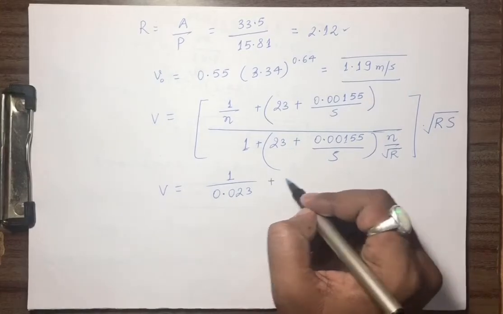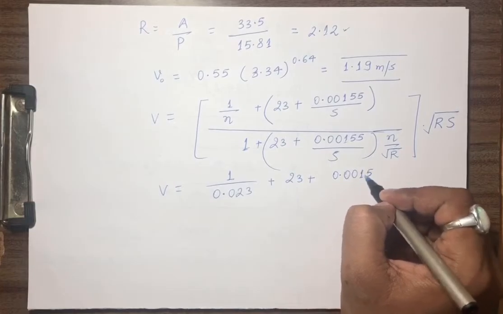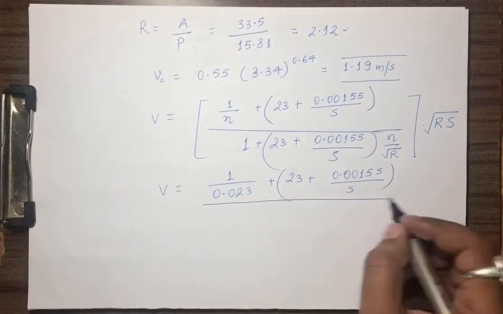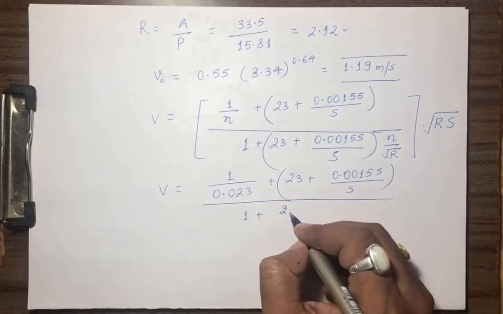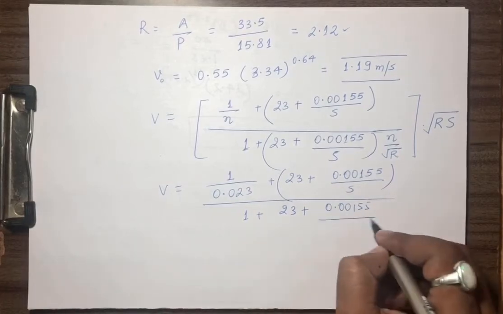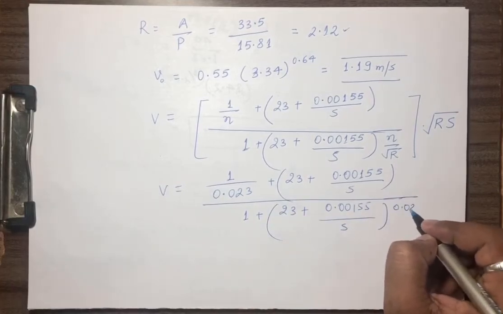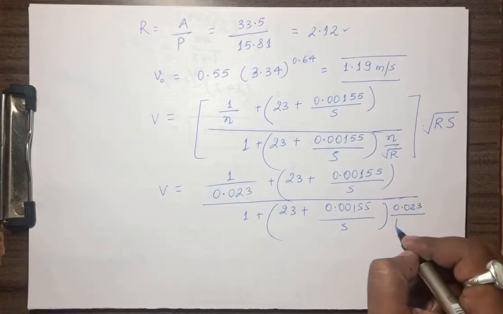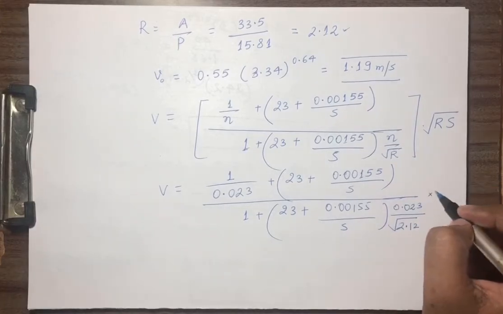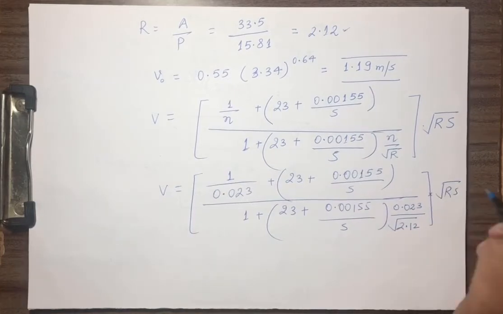So 23 plus 0.00155 divided by s, upon 1 plus 23 plus 0.00155 upon s, n is 0.023 upon r is 2.12. This is multiplied by root r s.